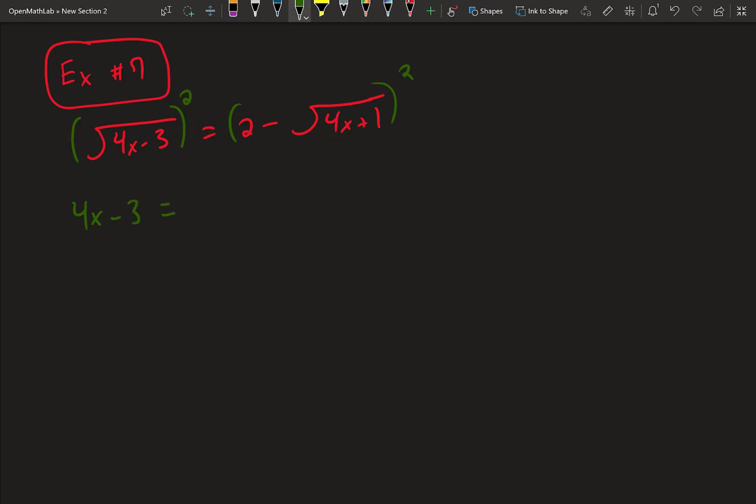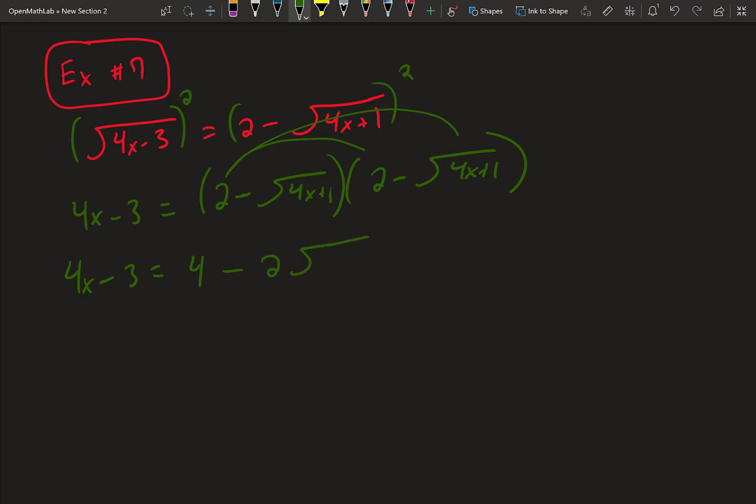And then on the right-hand side, don't forget that I have to FOIL this. So we would have 4x minus 3 equals, and then 2 times 2, which is 4, and then 2 times negative square root of 4x plus 1 would be minus 2 square root of 4x plus 1. And then I get the same thing again from those two, so minus 2 square root of 4x plus 1.